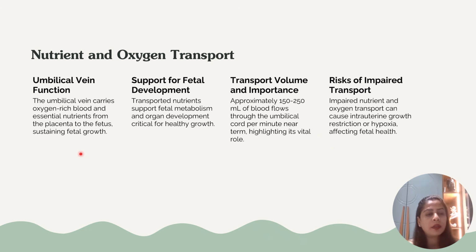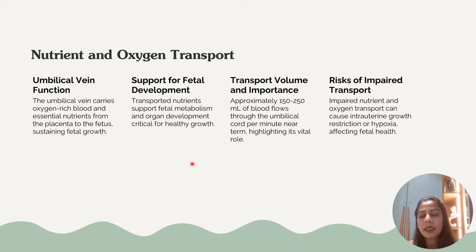The umbilical vein's function is to carry oxygen-rich blood and essential nutrients from the placenta to the fetus, sustaining fetal growth. It also supports fetal development. Transported nutrients support fetal metabolism and organ development for the critical healthy growth of the fetus.